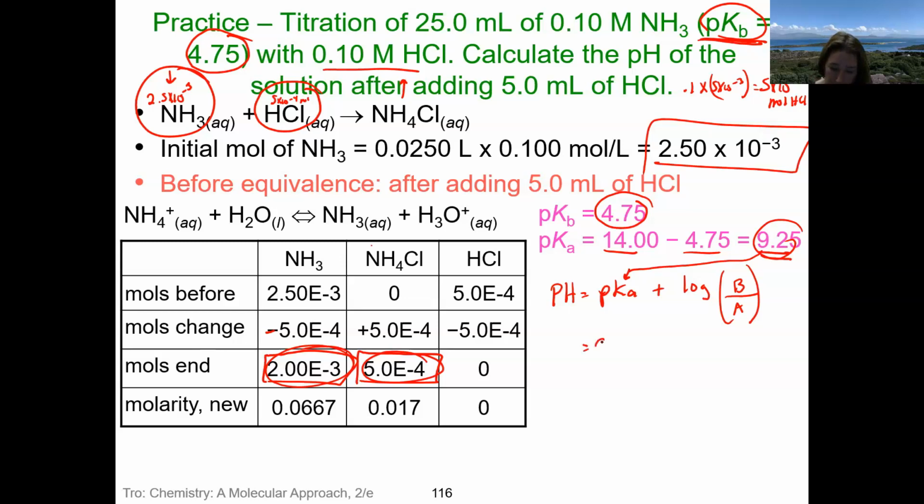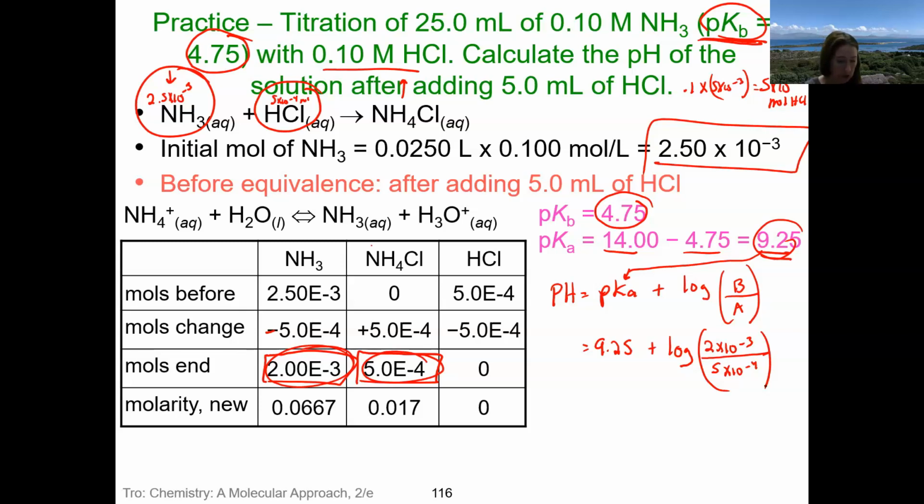So we're going to have 9.25 plus the log of our base. We have to put our base on top, which is 2 times 10 to the negative 3 over our acid, 5 times 10 to the negative 4. And again, you can do this with molarity, but you don't have to.